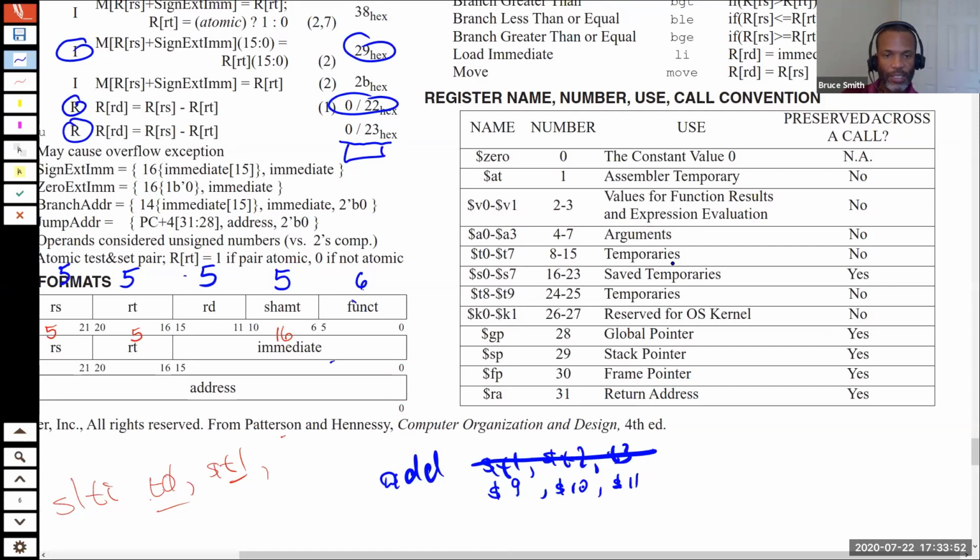Register 8, if I look at the number, register 8 is a T0. So register 8 and register T0 are exactly the same thing. Register 22, let's see, if that's 23, 22 must be a 6. So register 22 must be S6. So 8 and 22 have the names of T0 and S6.